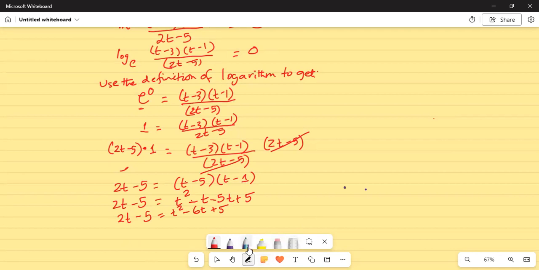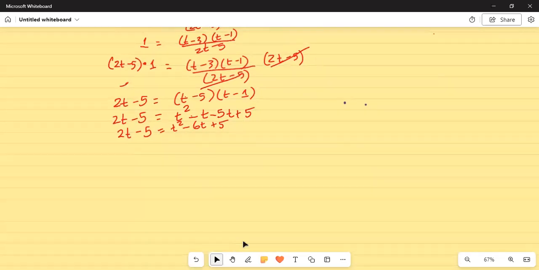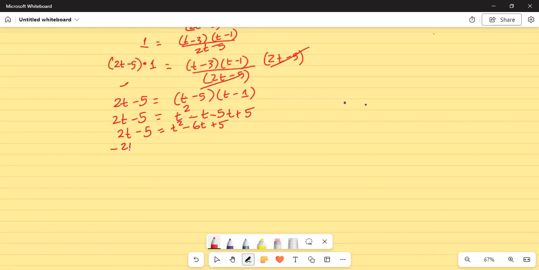Okay. Now I will create some space and move all the t's to one side. That means I will subtract 2t from the left and from the right. So I will get, this 2t cancels, minus 5 equal to t squared, minus 6t minus 2t is minus 8t plus 5.